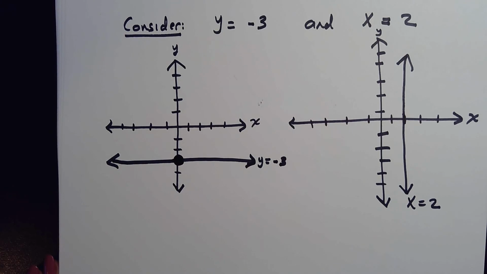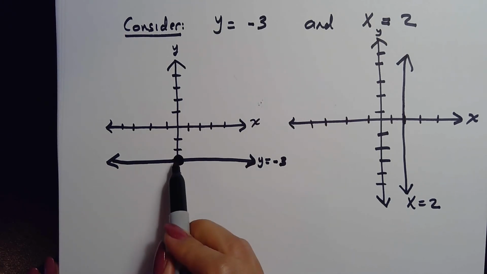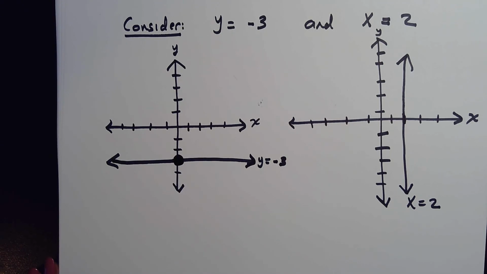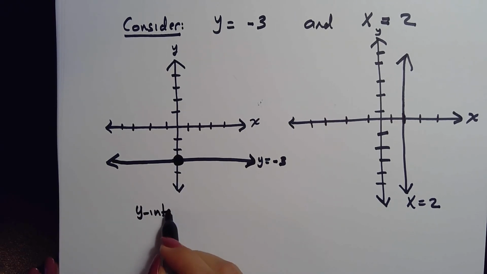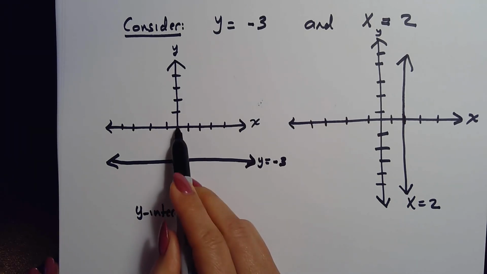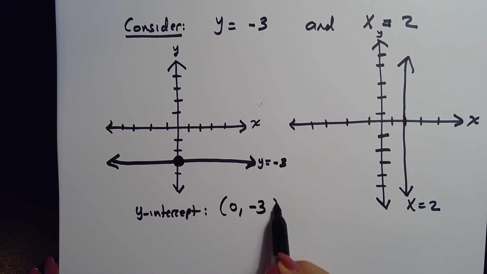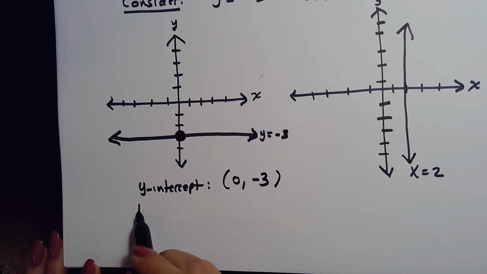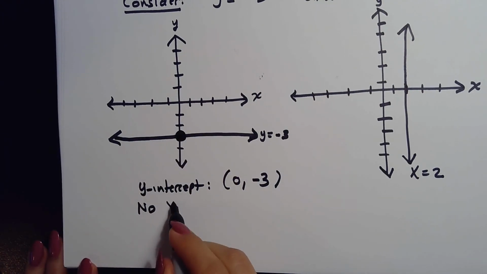The y-intercept is the point where the graph crosses the y-axis. So this is the y-intercept, and it is 0 comma -3. But there is no x-intercept because nowhere does the graph cross the x-axis.